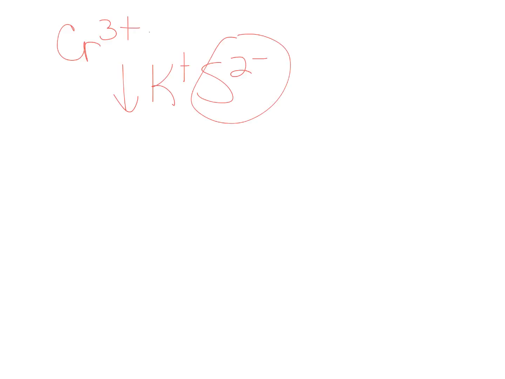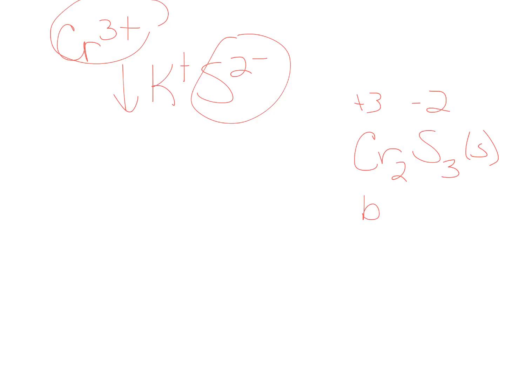So once again, cation meets anion. Now, as far as the material that we're going to make, remember that chromium is going to be a +3 and sulfur is going to be a -2. So in order to balance the charges, we need 2 chromiums and 3 sulfurs. That will be our solid, and it tells us that this is a brown precipitate.